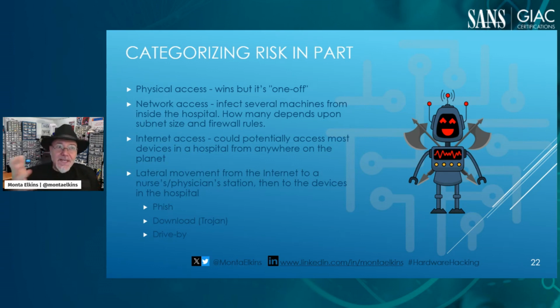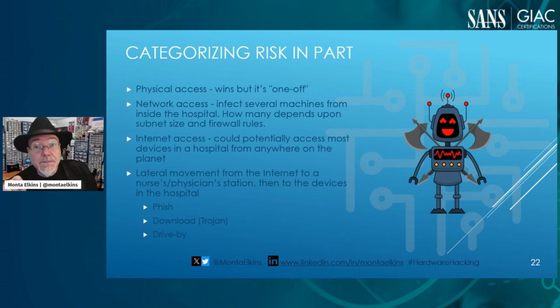Now let's assume it's connected to a network, which, right, pretty much all these devices are these days. Maybe if I come into the facility and I find an Ethernet jack in the room or in the waiting room or a nurse's station somewhere, maybe I can compromise a handful of these devices at once.